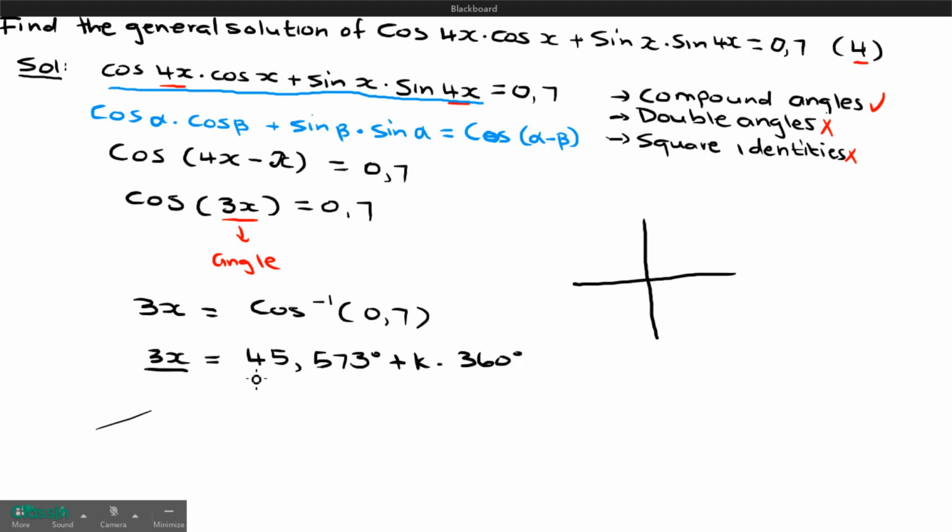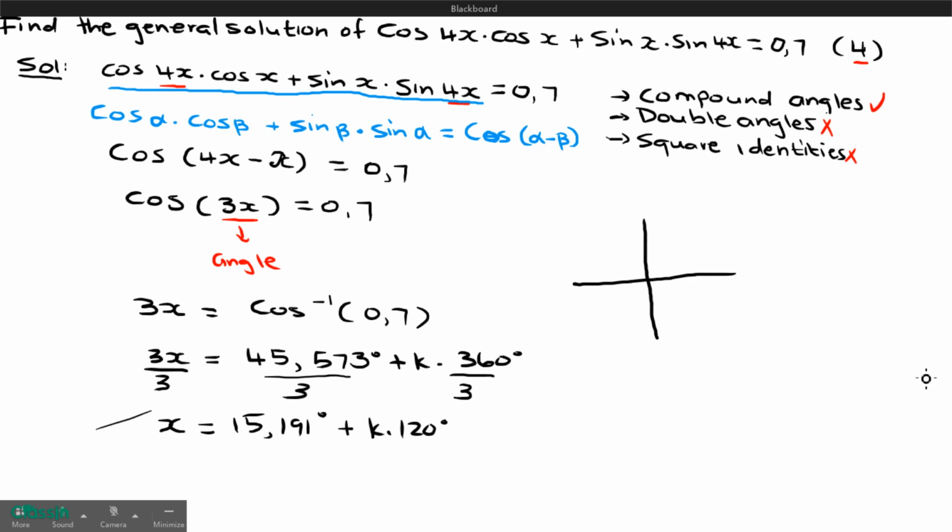If we divide everything by 3, we get x equals 15,191 degrees plus k times 120 degrees.